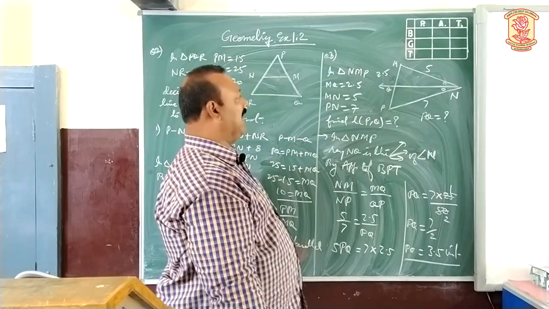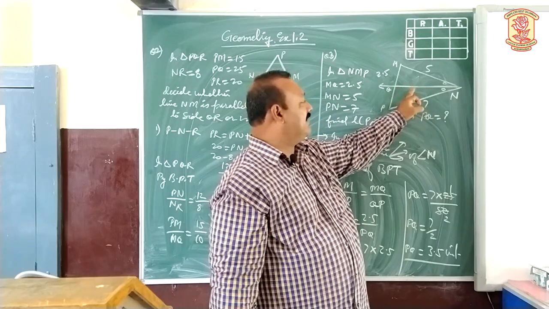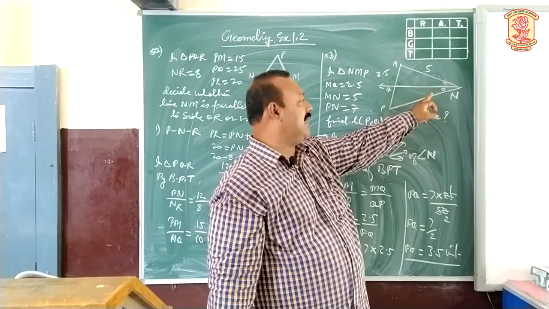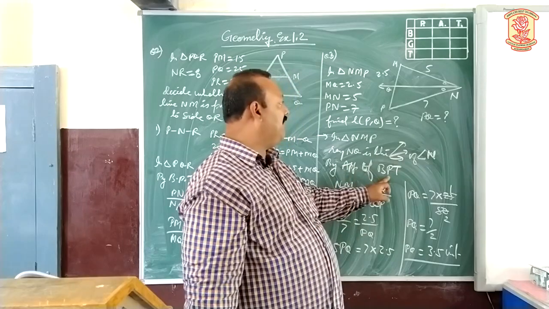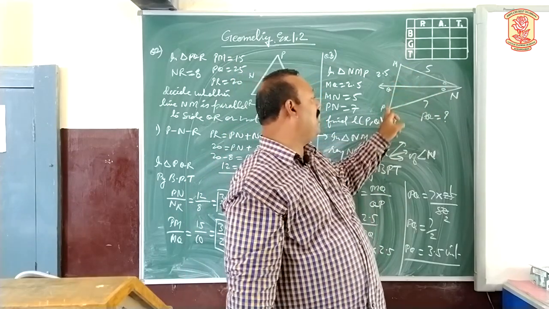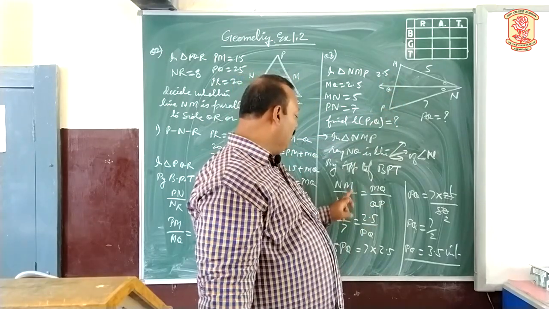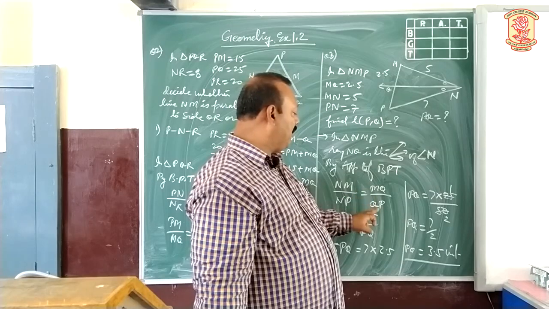In this way you have to apply. In any triangle, when a ray is given that acts as an angle bisector, always apply the application of BPT. MN upon NP is nothing but MQ upon QP.